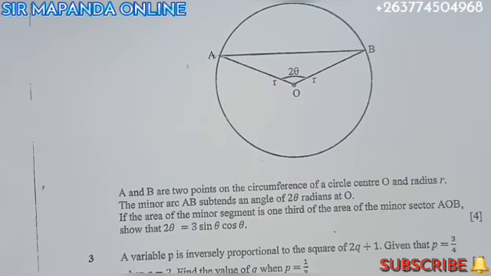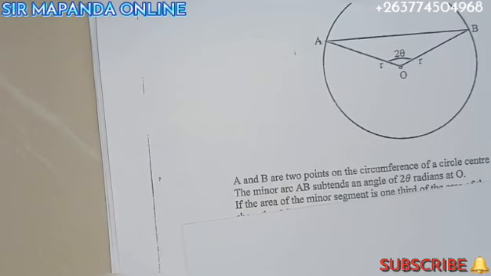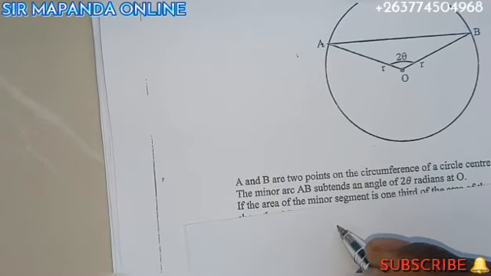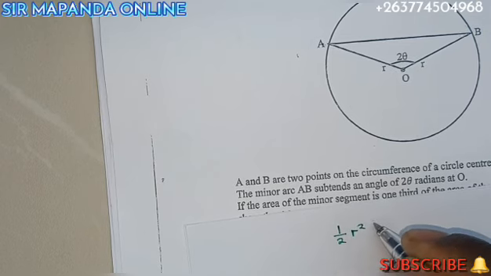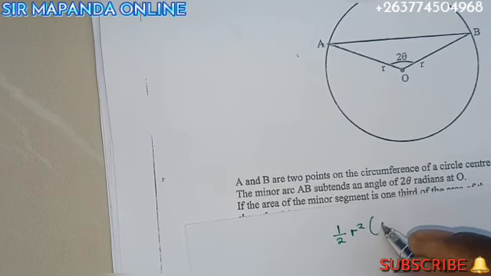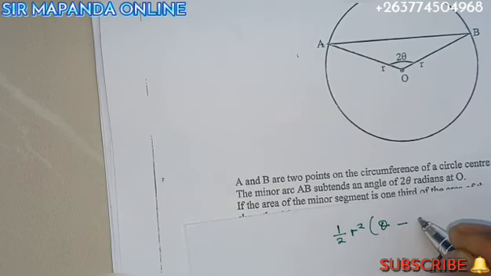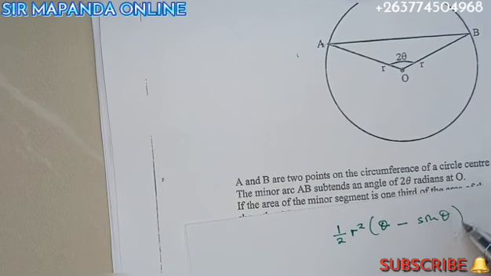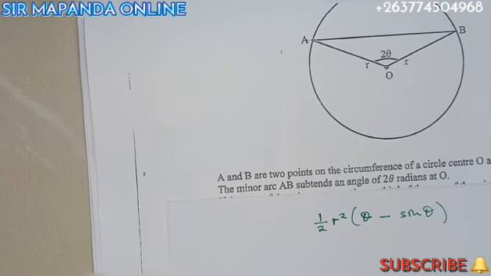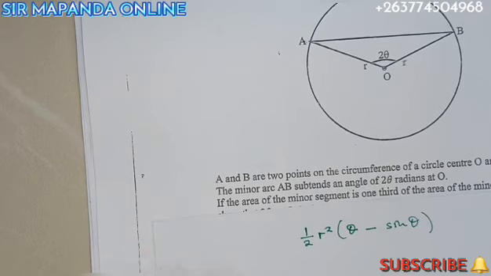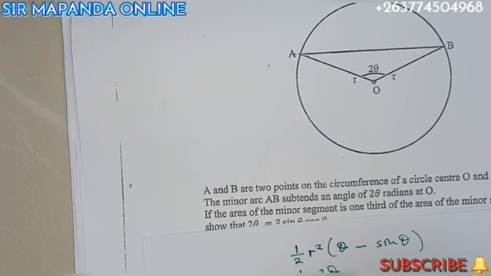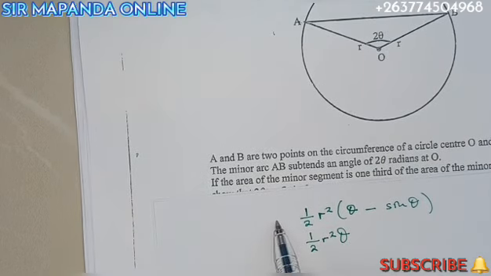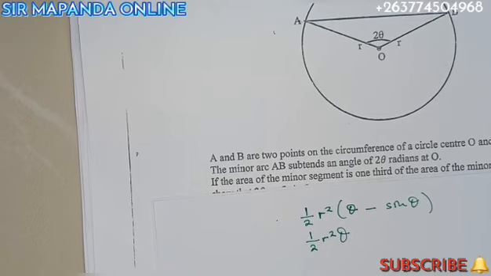Right, so you need to understand that the area of a segment is found by the formula half r squared (theta minus sine theta). This is the area for a segment, right? And the area for a sector is found by the formula half r squared theta. So this is the segment and this is the sector.